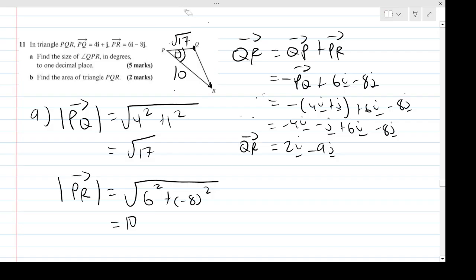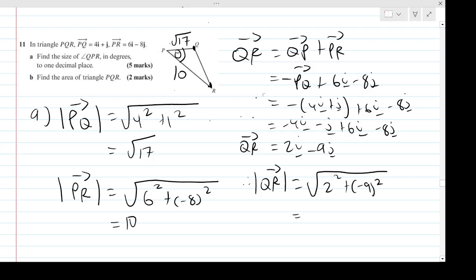But then to find the length of that vector, so the length of the side QR, that's the magnitude of QR. And so that's going to be the square root of the two parts all squared. So 2 squared add minus 9 all squared.